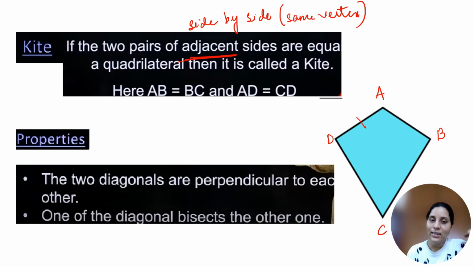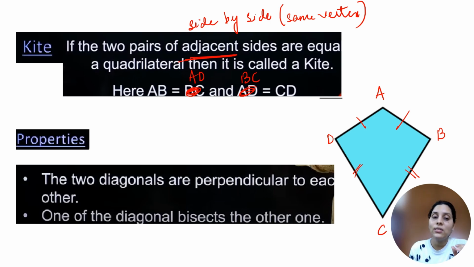So this side is equal to this side. AB is equal to AD, here there is a printing mistake, and DC is equal to BC. We can clearly see these two sides are equal and these two sides are equal. Correct?